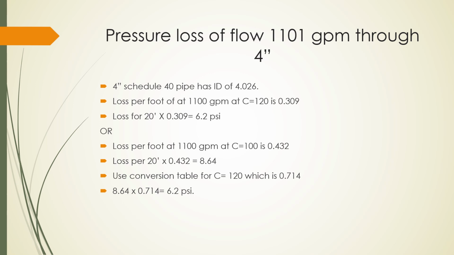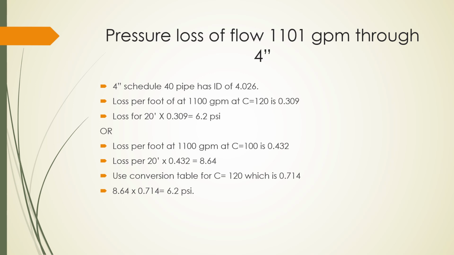I have a number of tables to determine the friction loss for various types of pipe. In this case, I went to one of the tables and it told me for 1100 GPM with a C of 120, because it's all wet system and C is 120 for NFPA 13 wet pipe systems, the per foot loss is 0.309. So I multiply the 20 feet times the 0.309 and come up with 6.2 psi friction loss through the 4-inch.